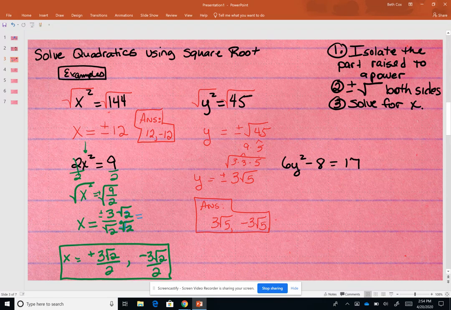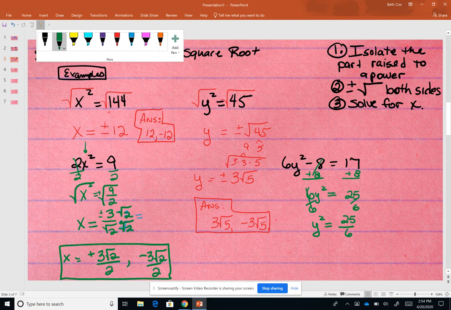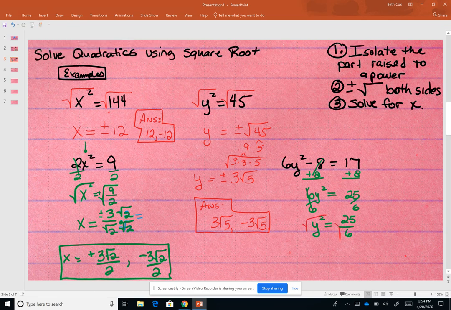We're going to add 8 to both sides. Add 8 to both sides. Stop the video. See if you can do this one by yourself. Divide both sides by 6. Then we're going to take the square root of both sides. Square root that one, square root that one.